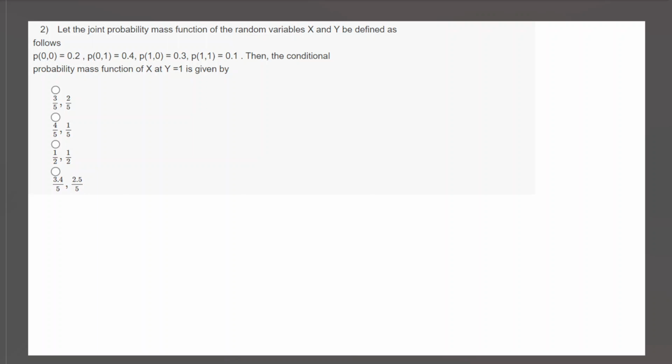The joint probability mass function of the random variables x and y is defined as follows. The joint probability mass function is given, where when x is equal to 0 and y is equal to 0, it's 0.2. So let's write it here.